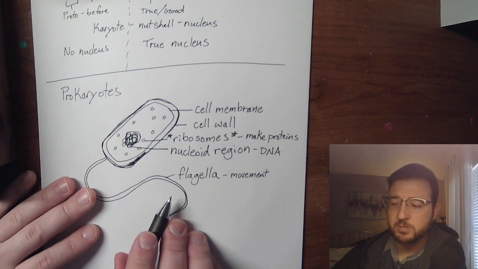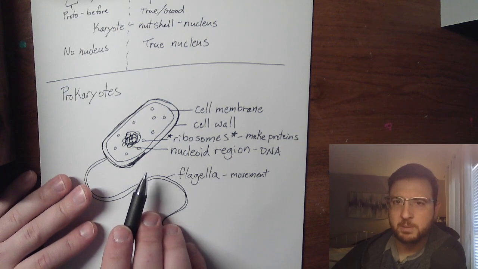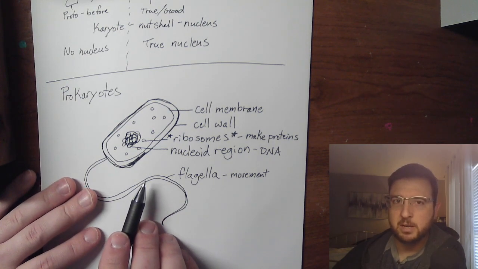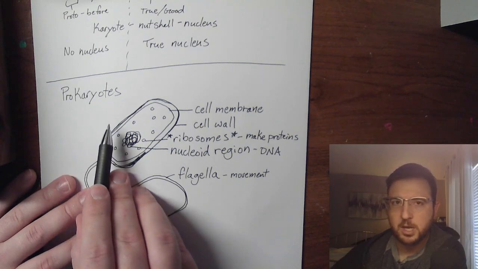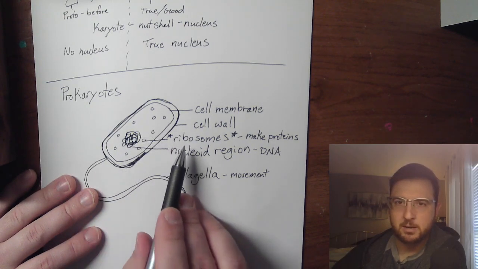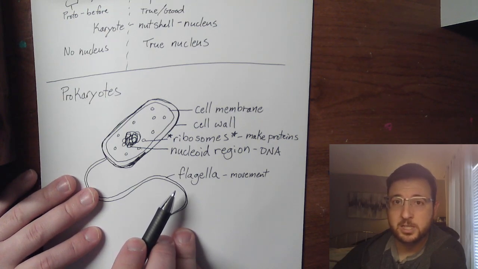But those kind of responses happen more at the biochemical level and are a little bit more difficult to explain here for our introduction. But I want you to understand prokaryotes, even though they're just one cell, they can do all of the things that living things need to do.